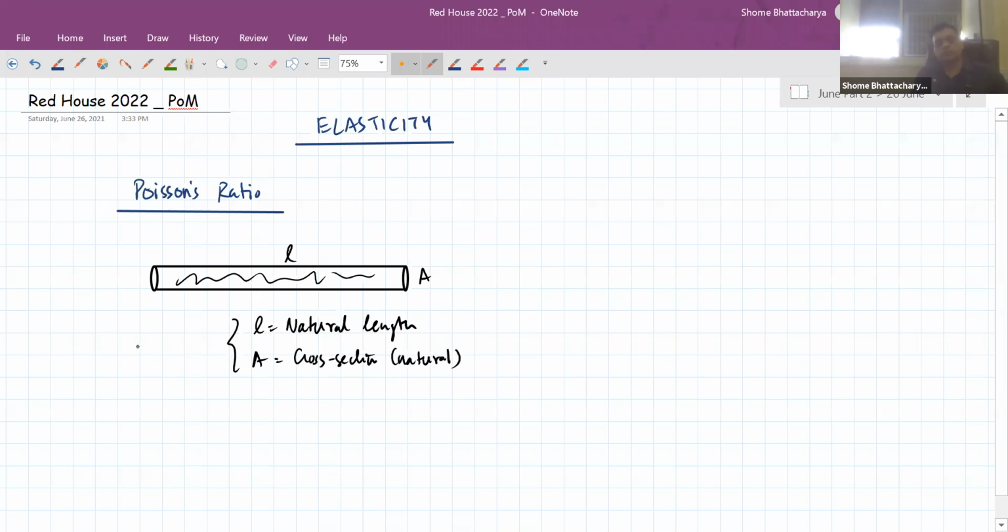so these are the dimensions when not under any stress.